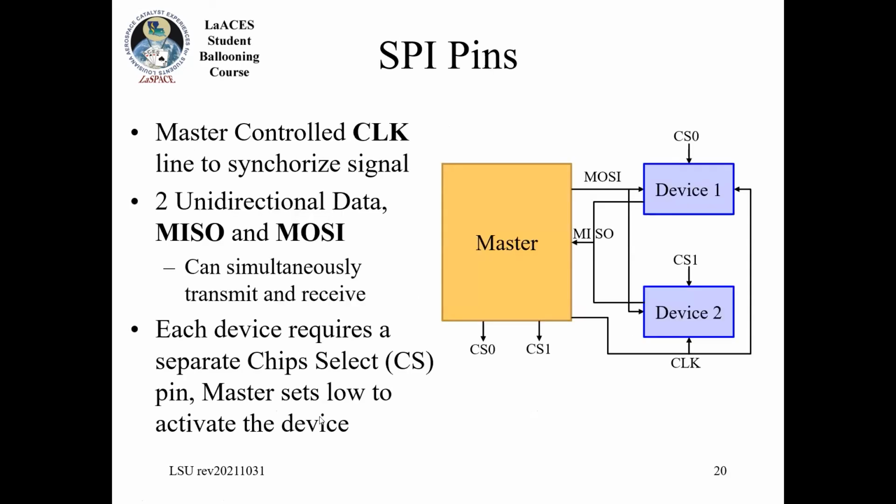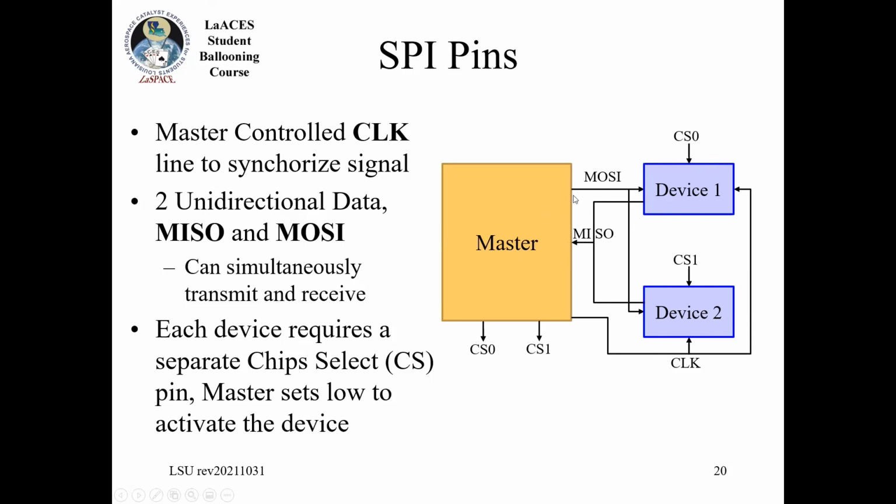Okay, so the SPI is similar to the I2C. You have a master device, and then you have these other slave devices. You have a clock signal that's generated by the master, and it goes to all of the devices. In this case, though, you have separate unidirectional data lines.